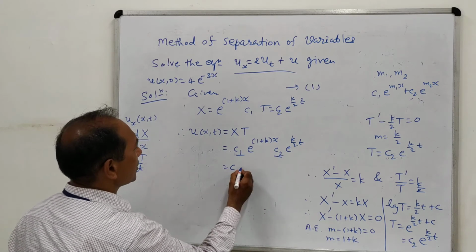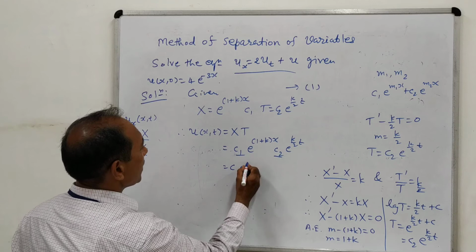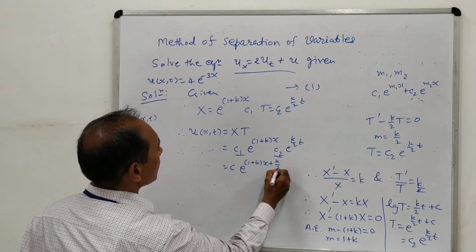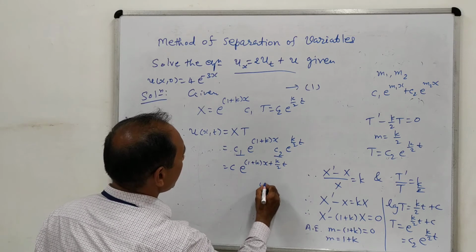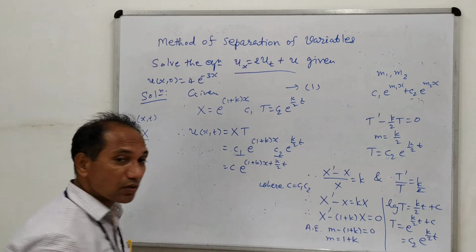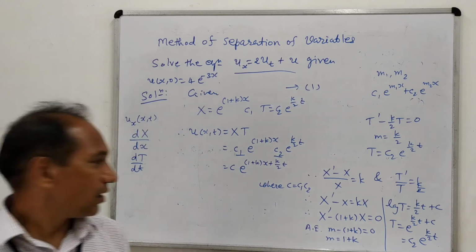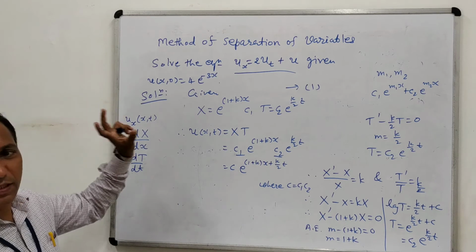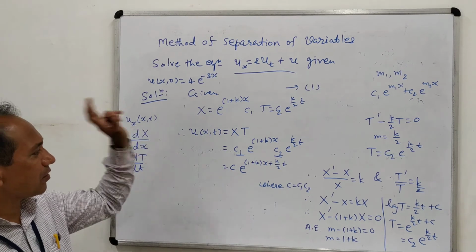Let us give it the name c, suppose, and we will add these two, so e raised to 1 plus k by 2 t. So this is the solution, and here you can write that c equal to c1 into c2. So the solution you can see is very simple. The solution has been obtained. This is the general solution containing arbitrary constant.